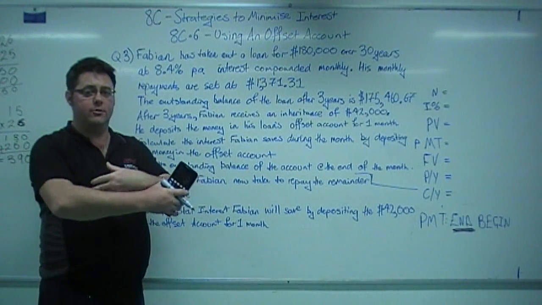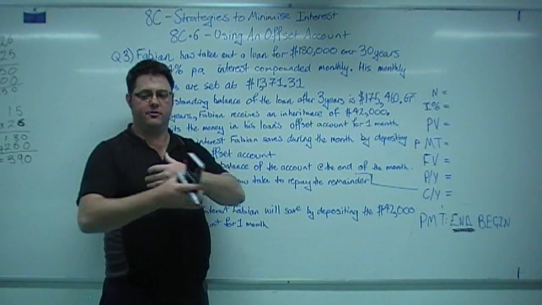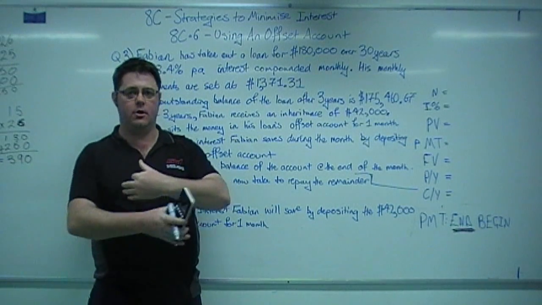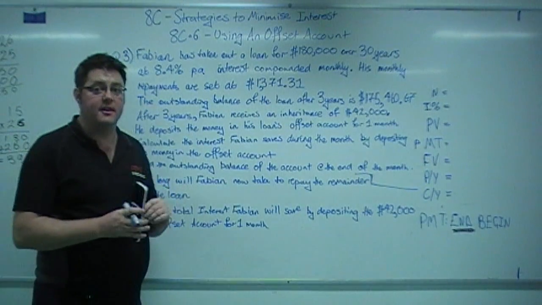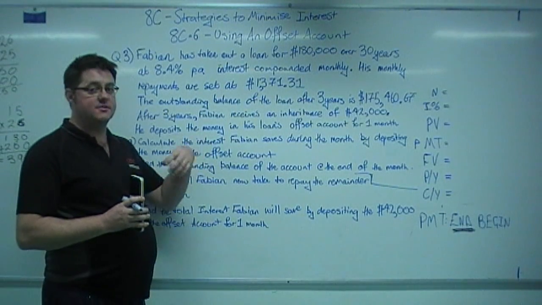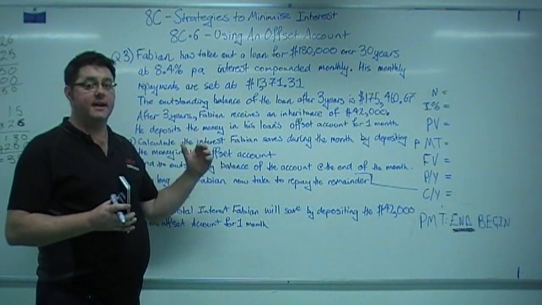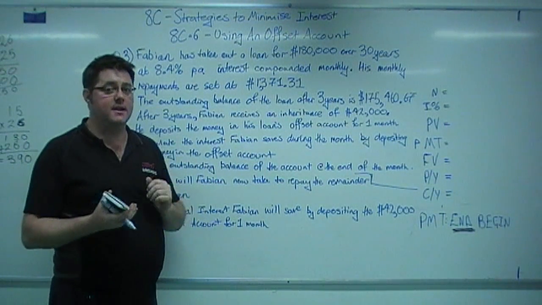So the bank holds onto it and goes, well, we'll half pretend that you made this lump sum deposit against the loan, but you can take it back at any time you want. So that's what an offset account is. It's like having the best of both worlds, as I discussed earlier, with making a lump sum payment, but you still have access to your money again.